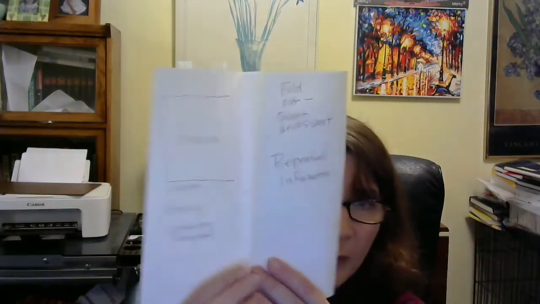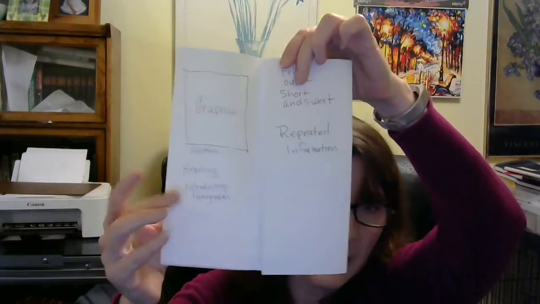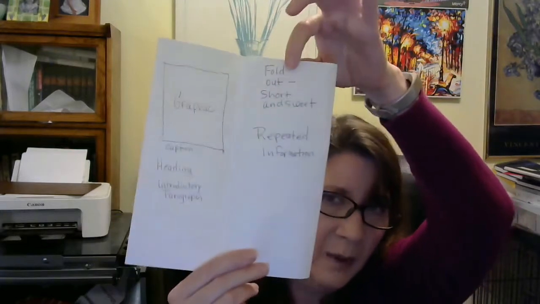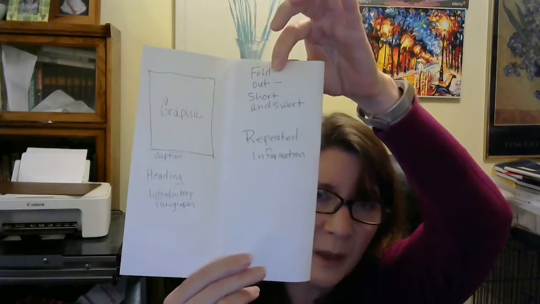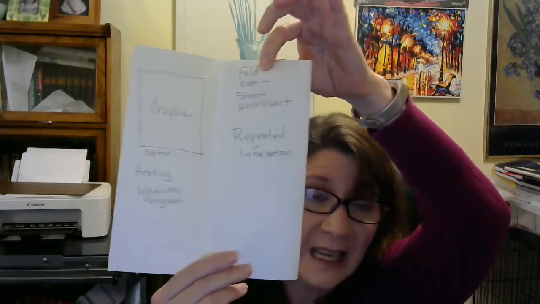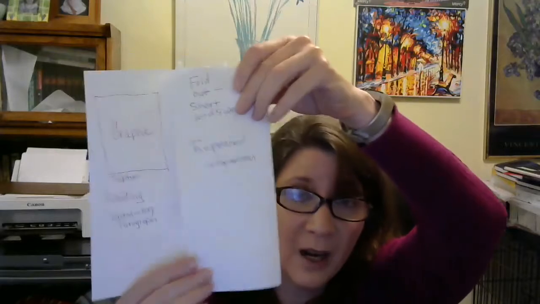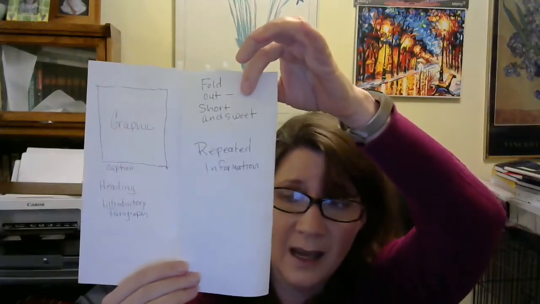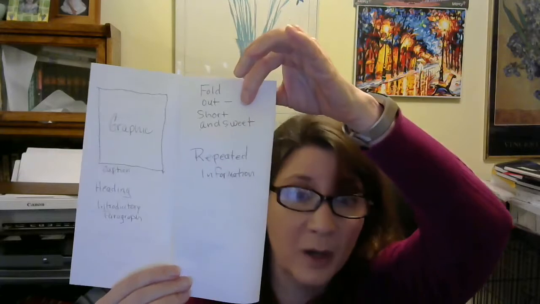Now you're going to open it up, and what you're going to see are two things. All right, we're going to come back to this front page later, but right now I want you to look at this sort of fold out page. So what most people do is they open it, they see this, and then they open the rest. So this is a very short-lived attention grabbing piece of your brochure.